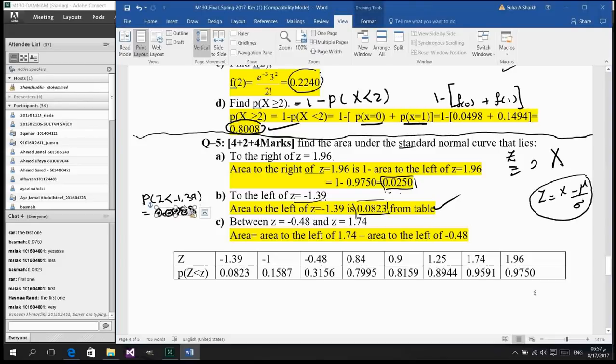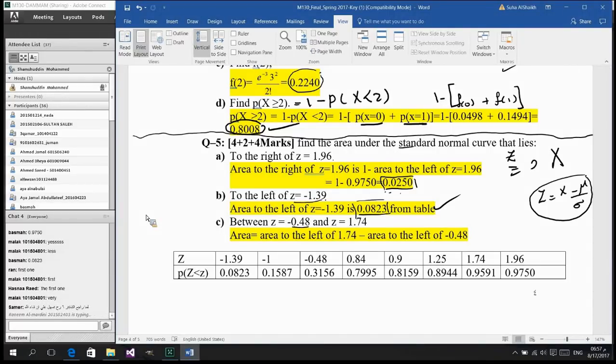Now the C, between. Now z between minus 0.48 and 1.74. So I'm talking about the probability of minus 0.48 less than z less than 1.74.